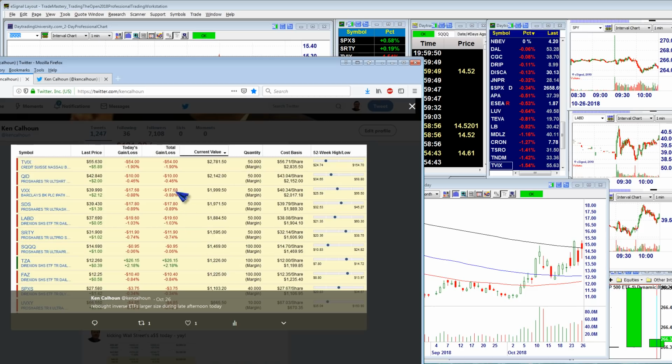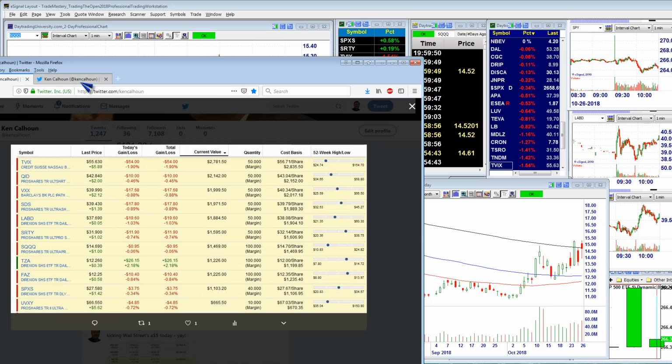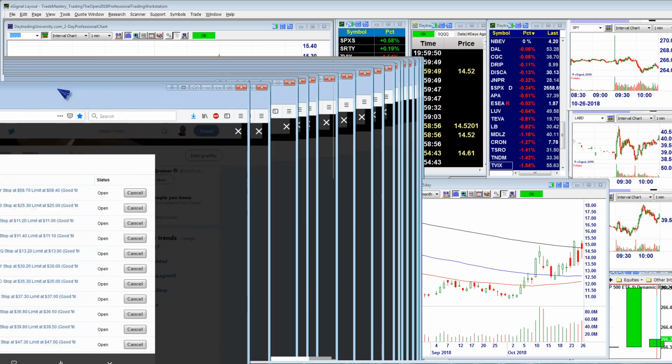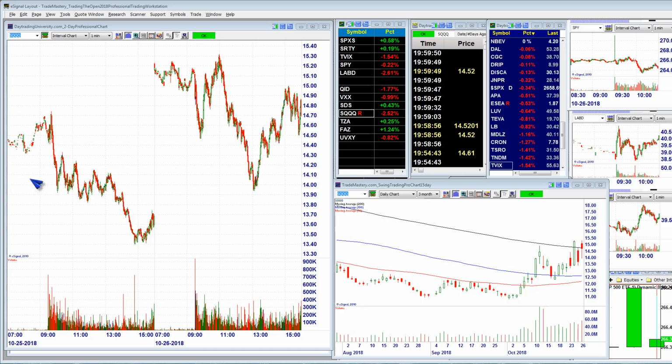What I did this morning was set sell stop orders in for every single position, roughly about 70% of the open size. So for example, last triple Qs, I put a sell stop order at 1320, limit 13. So it will close out 60 of the 100 shares if we get under 1320, which is right about here.